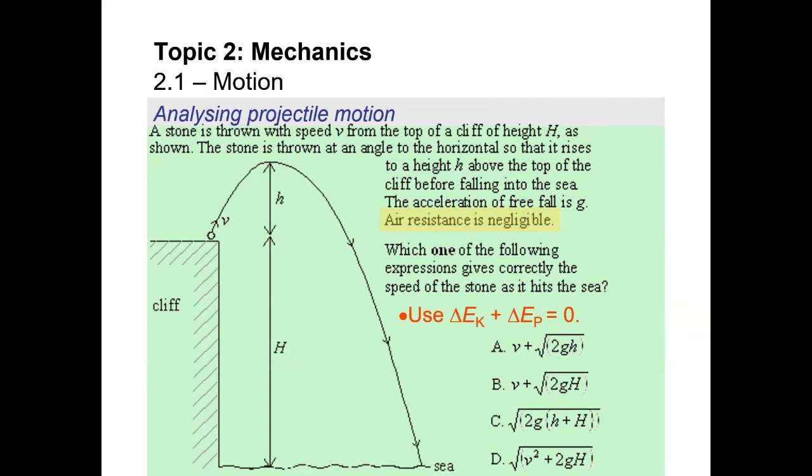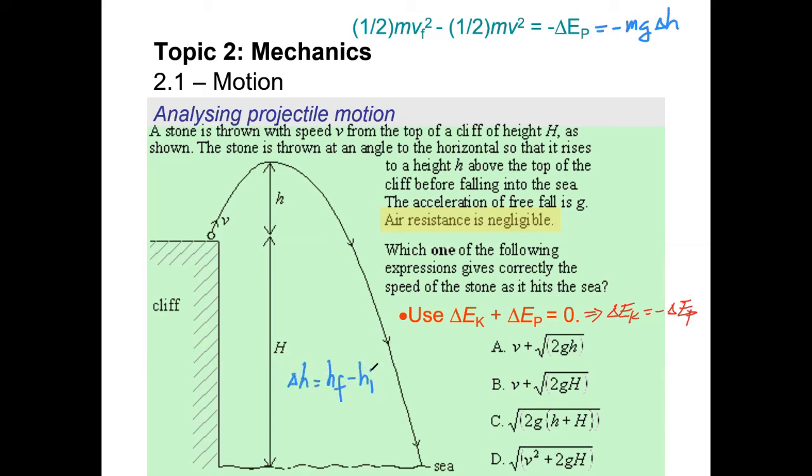So change in kinetic energy plus change in potential energy equals 0. We rearrange: change in kinetic energy equals minus change in potential energy. Potential energy change equals mg delta h, and change in height equals final height minus initial height.